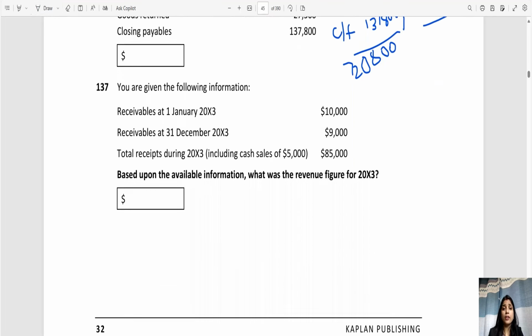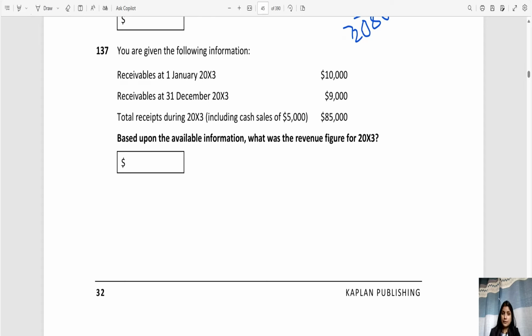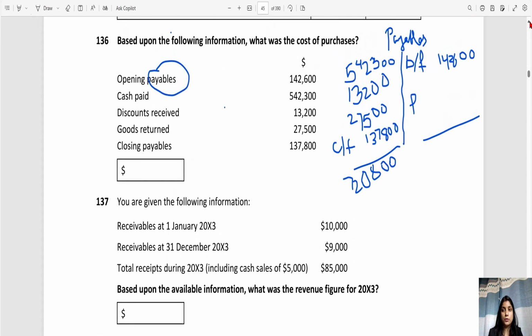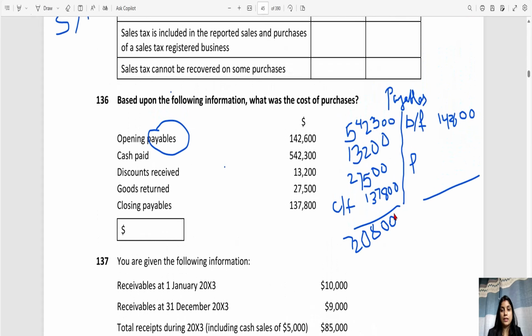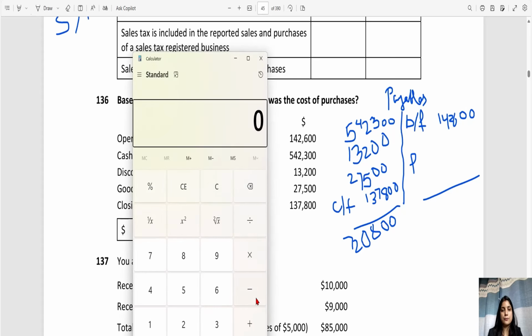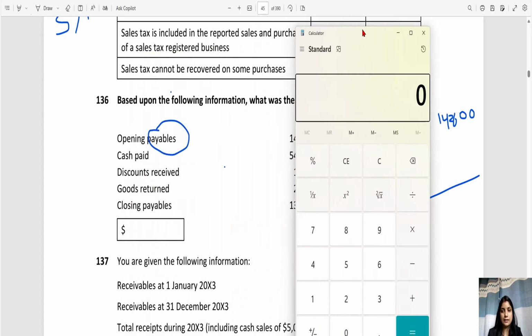You are given the following information. Based upon the available information, what is the revenue figure for 20x3? One more thing I missed out. In case you don't want to make a ledger and try to do the calculation like this, you can simply add and subtract the things and you will figure out the correct answer.